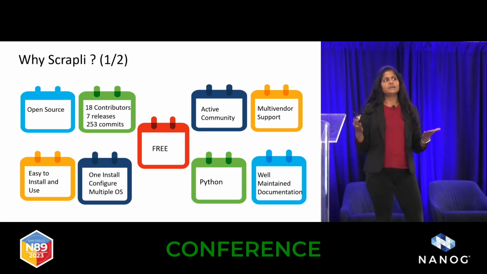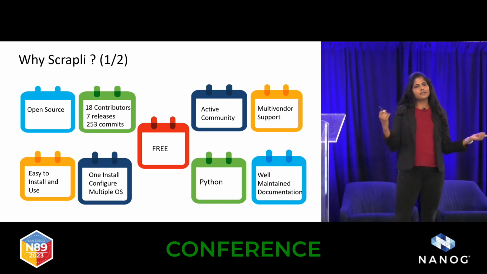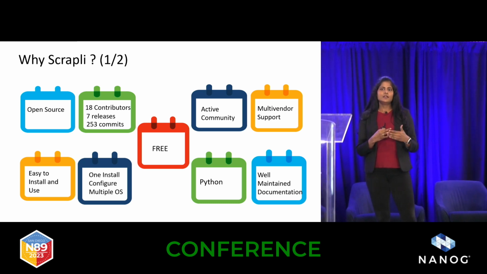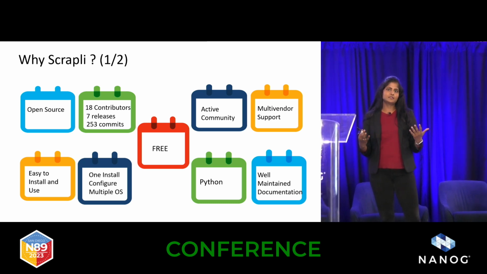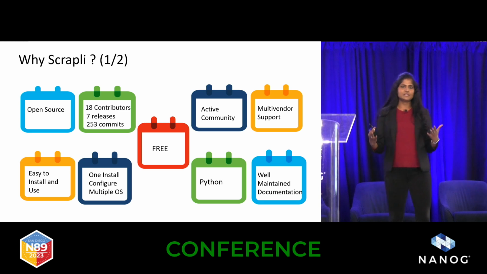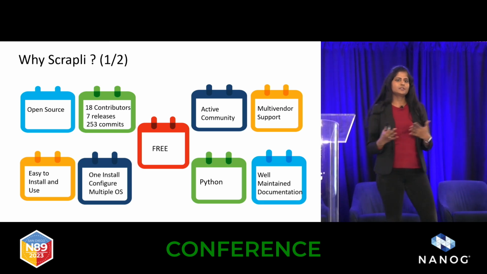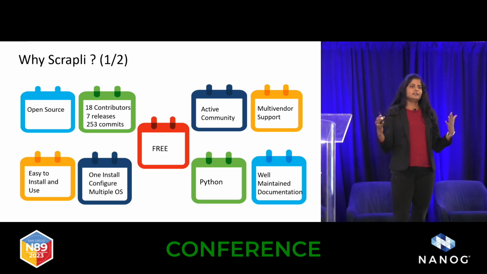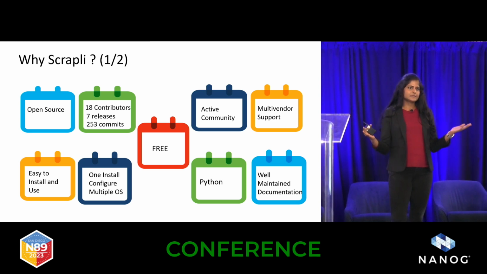If you're not good with Python, you can always use Scrapli Go, which is completely written in Go. So in order to use Scrapli, you can write either a Python script or a Go script, based on your comfort, to perform tasks on your network devices. Just do one install, pip install, and then configure multiple operating systems in your field.